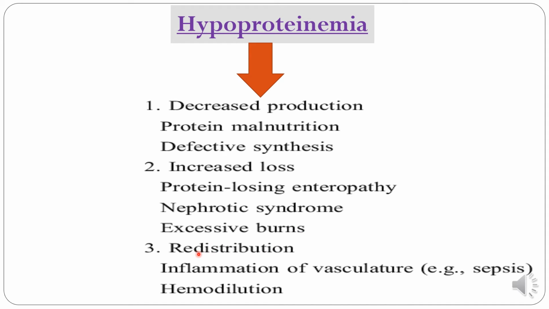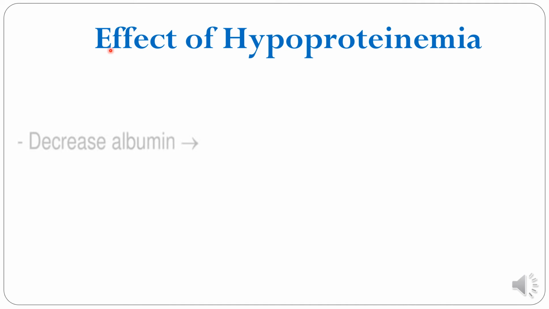The redistribution may be because of inflammation of vasculature, which happens in sepsis, or it can be due to hemodilution. So these are the causes of hypoproteinemia.